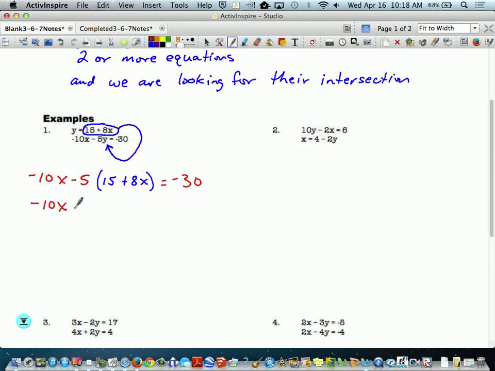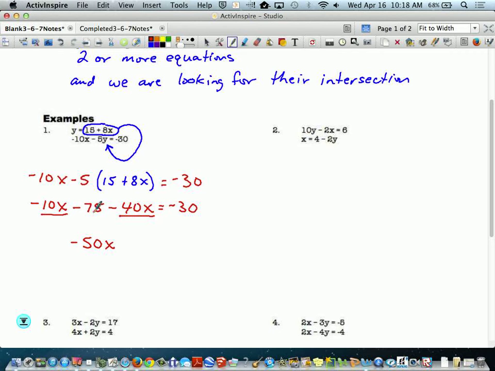Negative 5 times 15 is negative 75. Negative 5 times 8 is negative 40. And so after the substitution, I'm doing my distribution. Now I'm going to look for like terms. I have a negative 10x and a negative 40x for negative 50x.